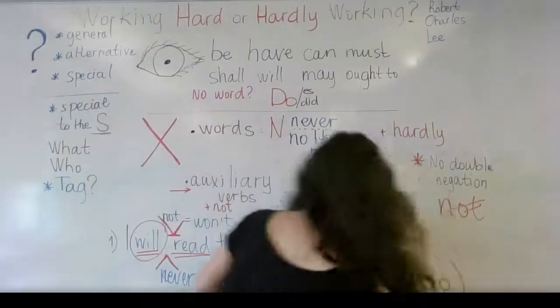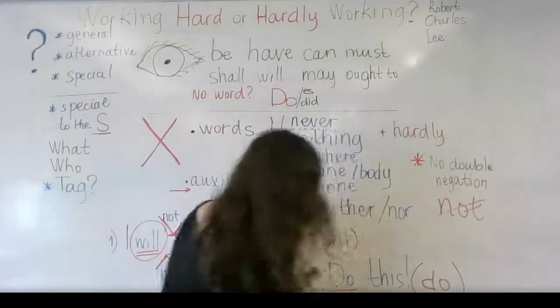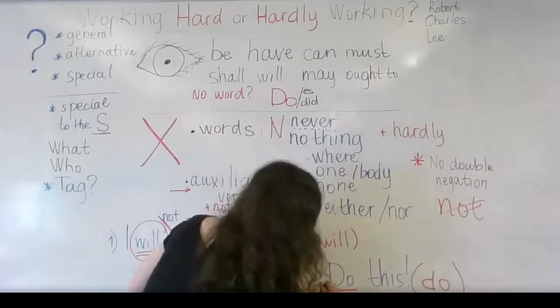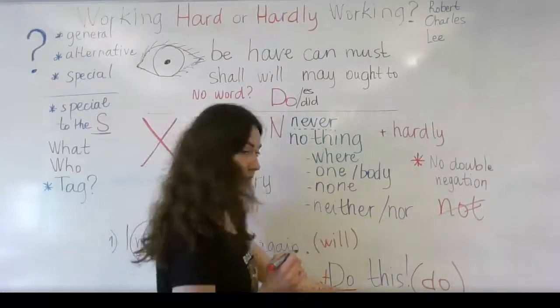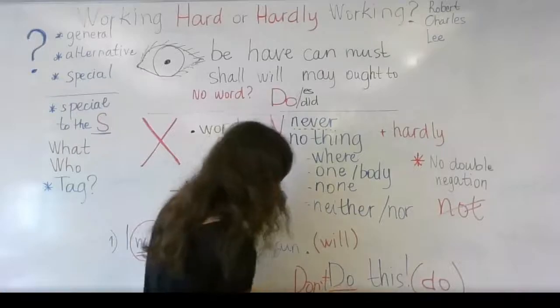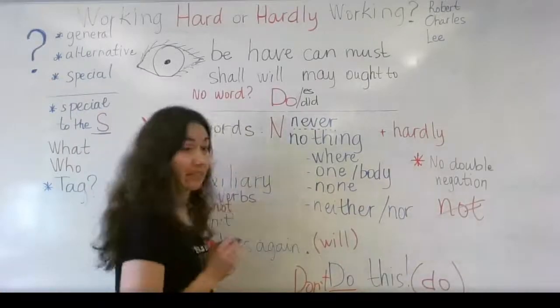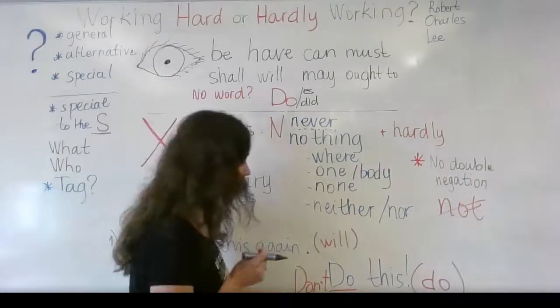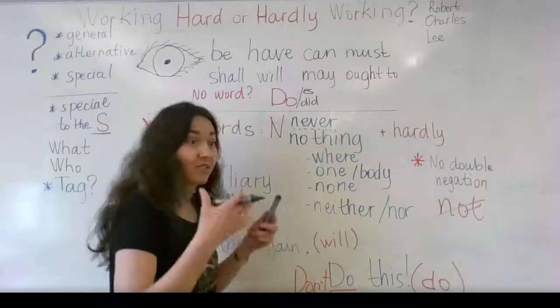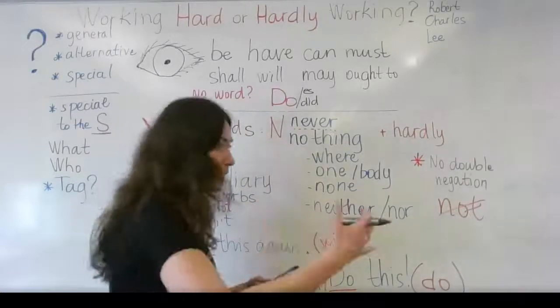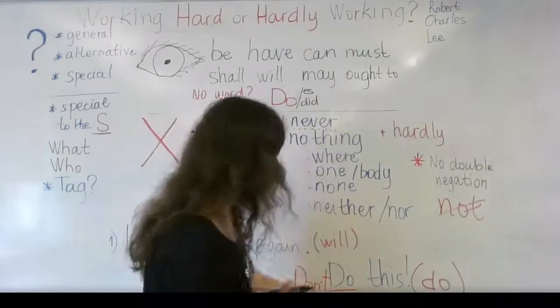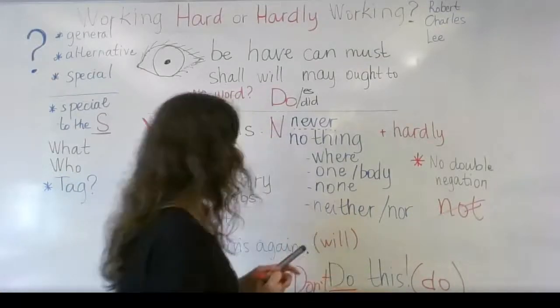Let me do this. So we have don't do this. We repeat the same, but in this first case, we have an auxiliary verb. We make a negation here, and then do just as verb, meaning doing something. Don't do this. Very good.